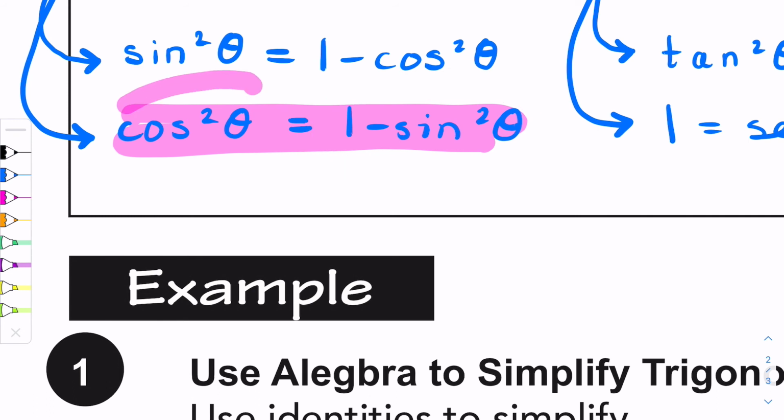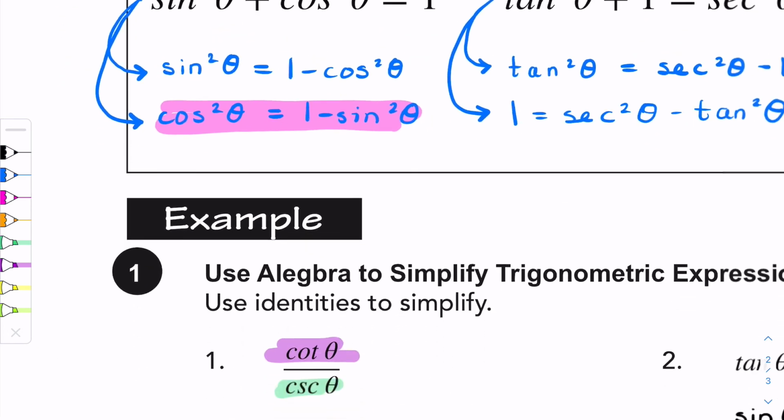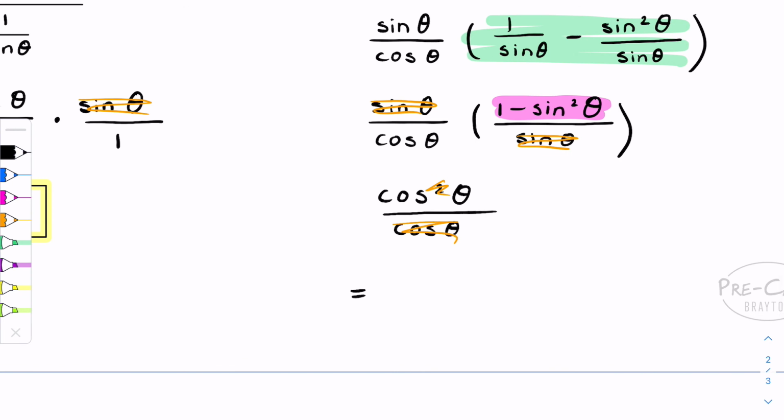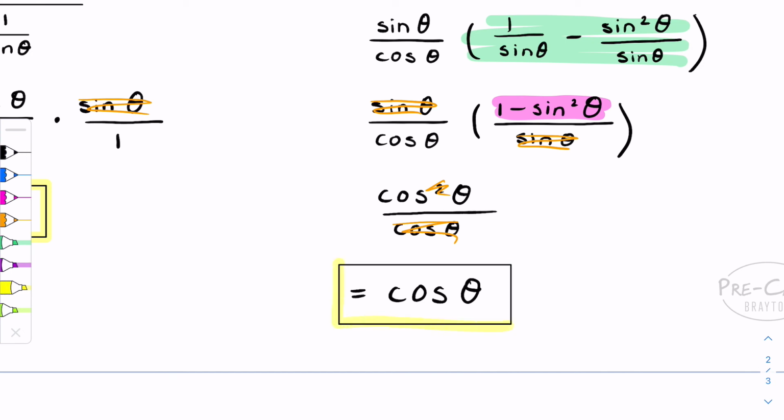I'm going to replace that with cosine squared. And the reason why it benefits me is because my denominator is also cosine. So that leaves me with cosine squared divided by cosine. And if I have two values of cosine in the numerator, I can eliminate one of those values, and I can eliminate one of those in the denominator. And this leaves me with my final answer after all of that work with just cosine of theta. And that's my final answer.